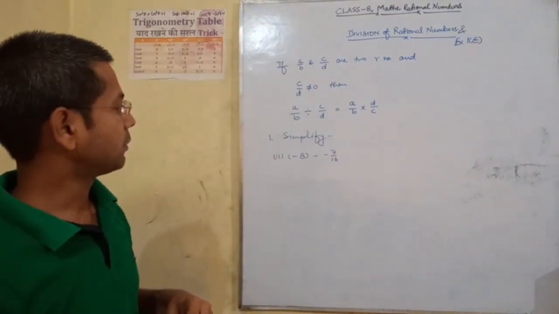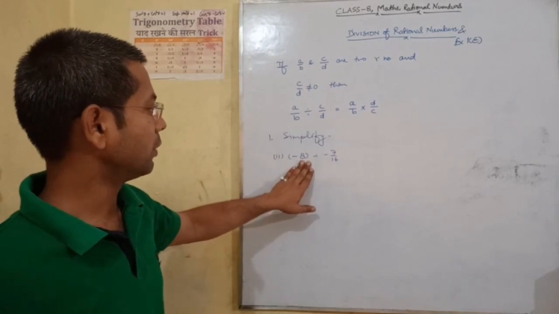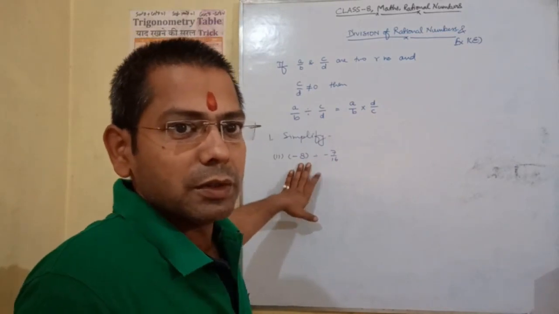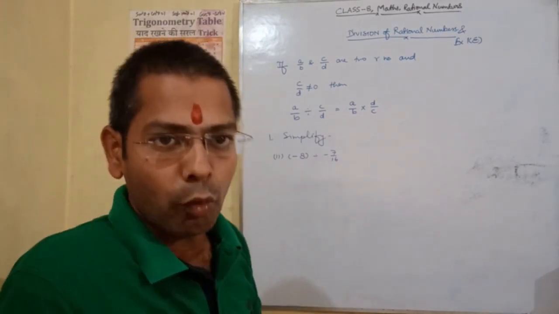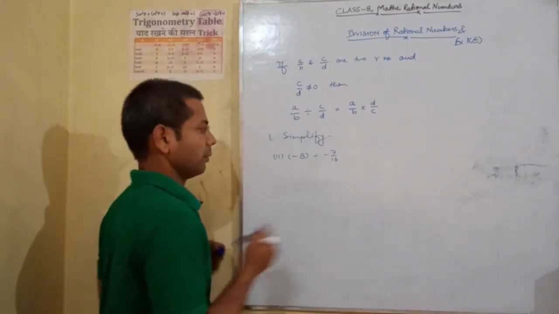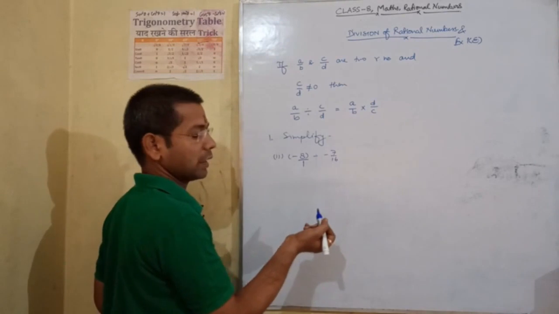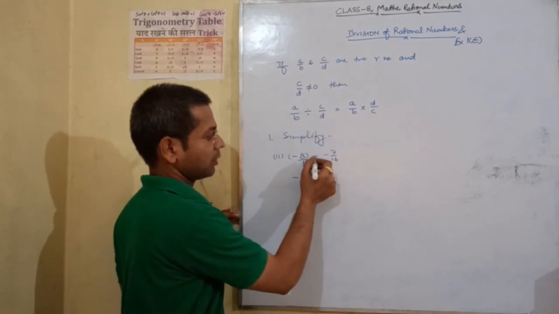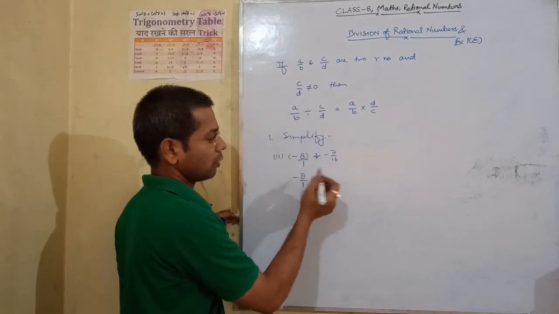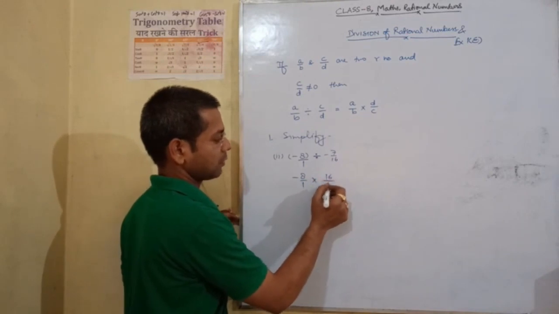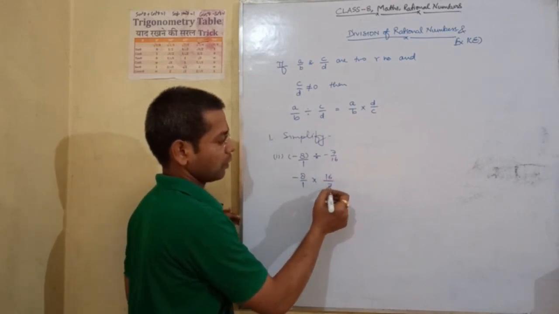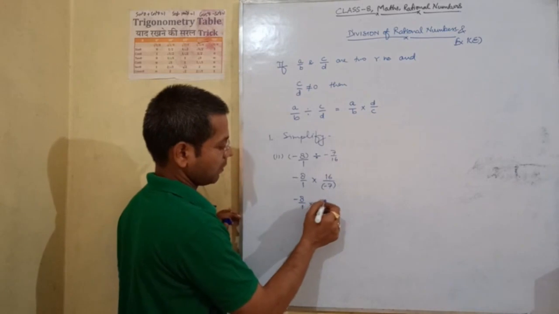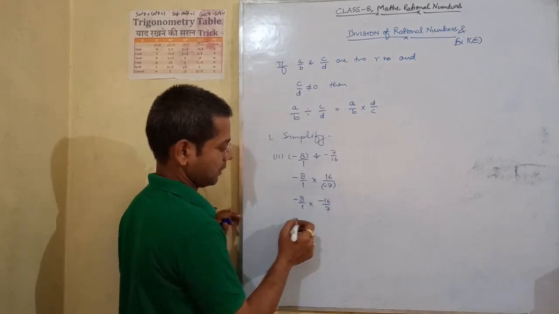Here the given number is not in the exact form of a rational number, because there is nothing in the denominator. So for convenience we will put denominator 1. Minus 8 upon 1, the division sign will change to a multiplication sign, and it will be minus 16 upon 7.